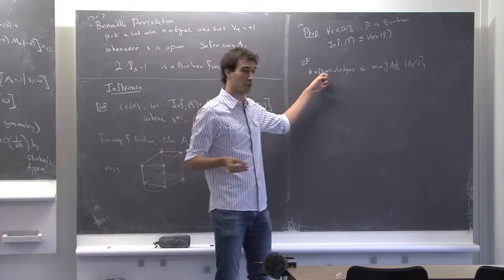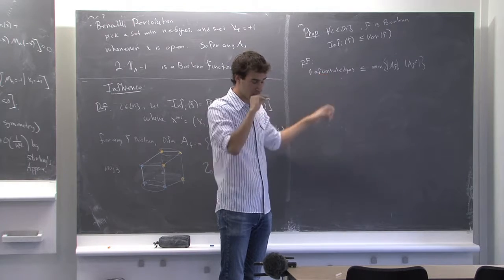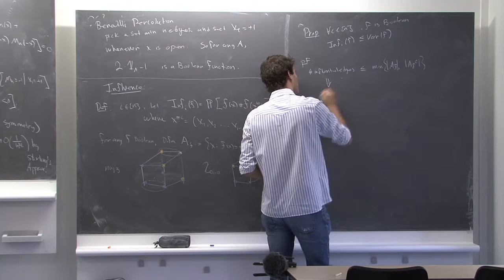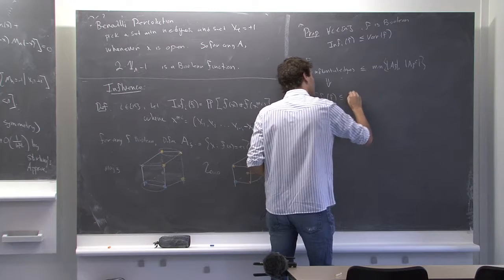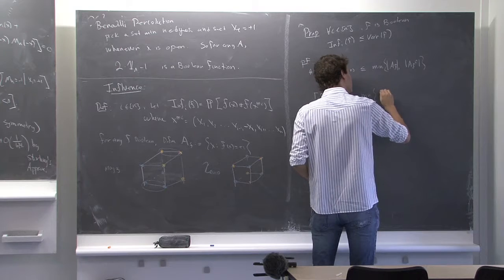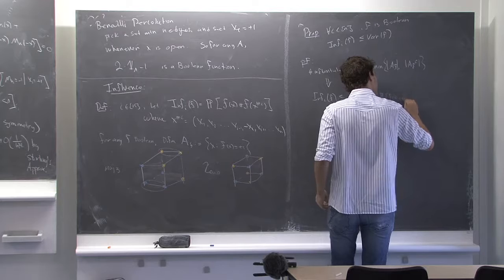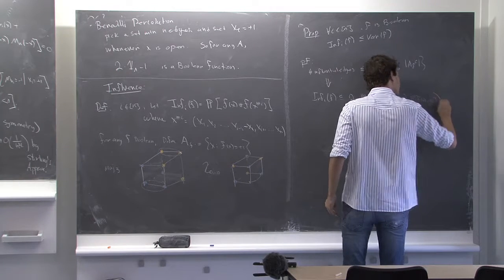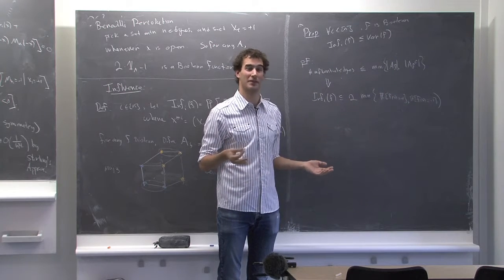So now if I divide by the total number of edges, there's 2 to the n minus 1 edges, and 2 to the n vertices. What I end up getting implies that the influence I of f is bounded by 2 times the probability, with the 2 being because there's 2 to the n vertices and 2 to the n minus 1 edges.